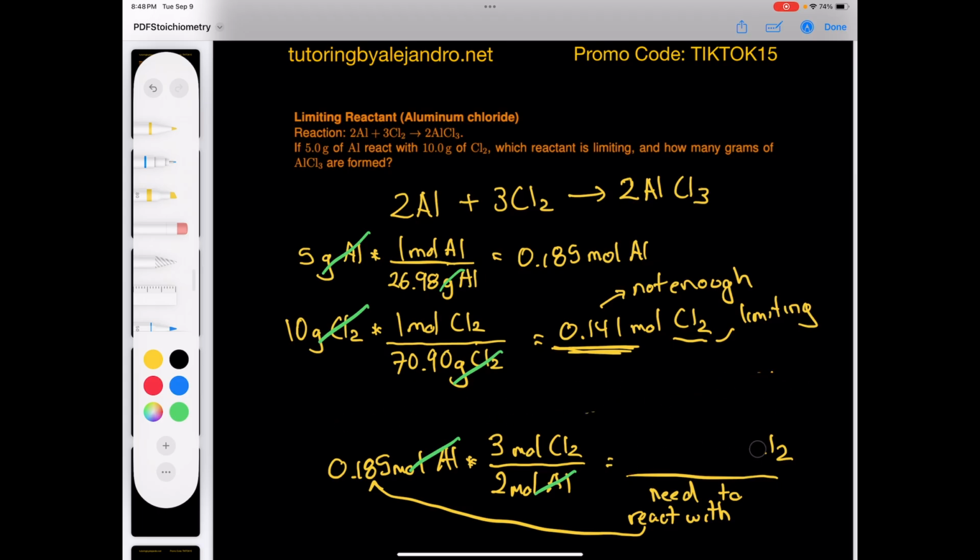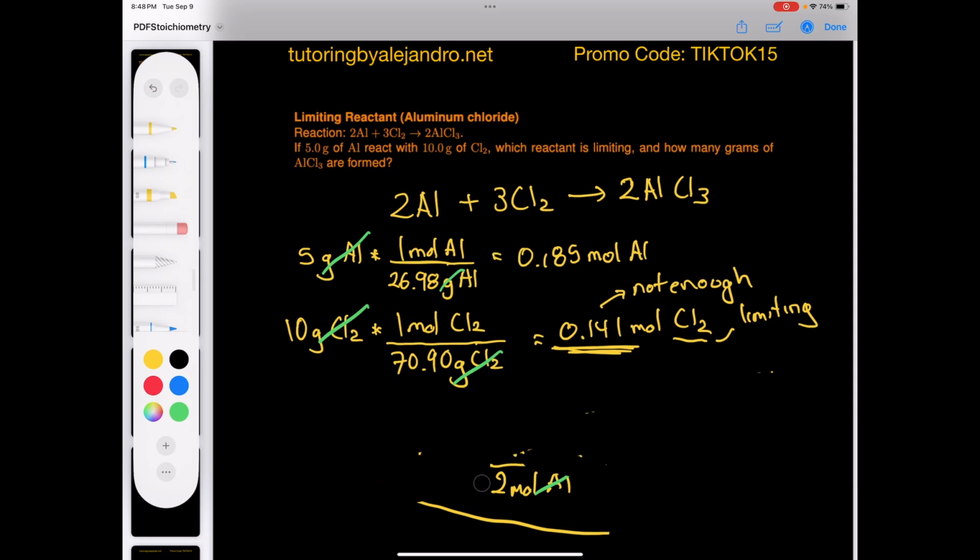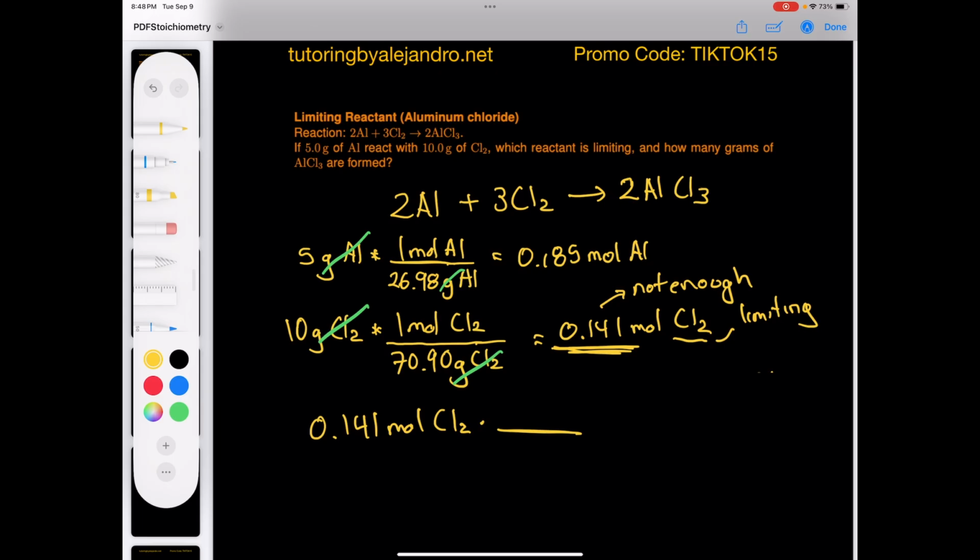Right, so in order to find out how many grams of AlCl3 are formed, we have to use the information for the Cl2. Okay, so from here on, it's very similar to the other exercises. So we have 0.141 moles of Cl2, right? We create our unit factor here. So based on the chemical equation, we have 3 moles of Cl2, right?